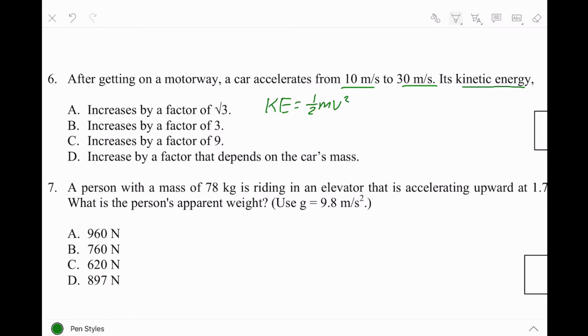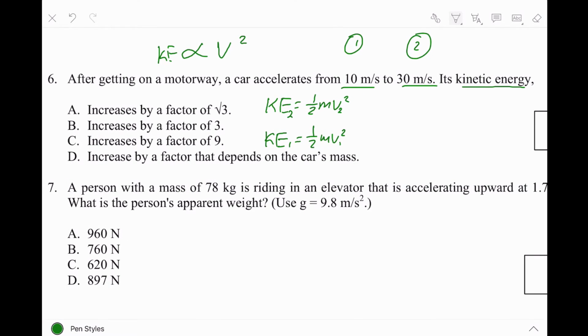So you're talking about how the kinetic energy changes. I can say this is 1, this is 2. So kinetic energy 2, velocity 2, kinetic energy 1. All you need to know is kinetic energy is proportional to velocity squared.